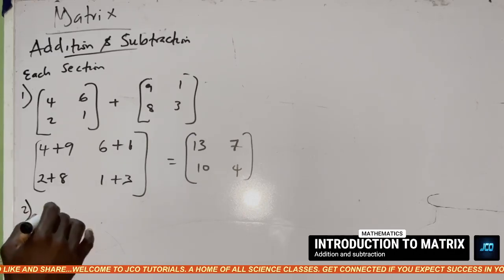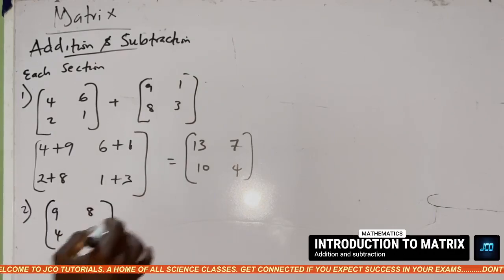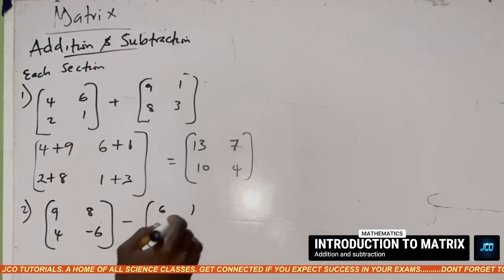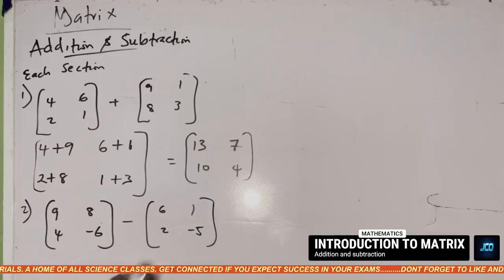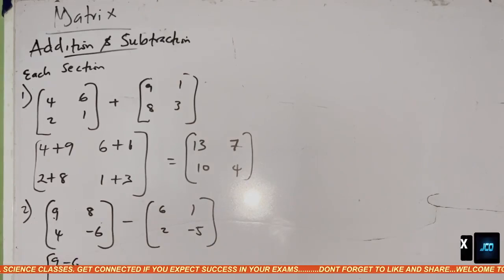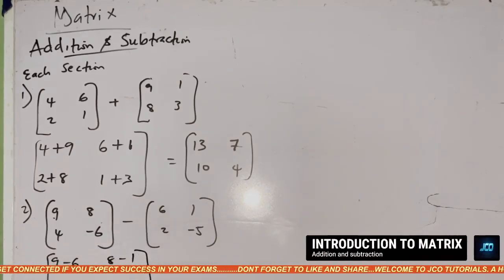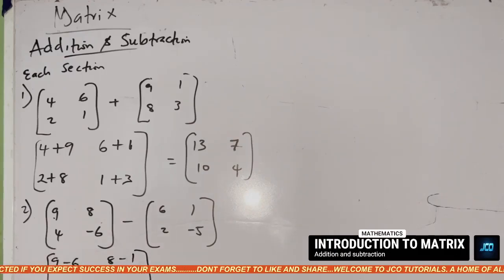If I have 9, 8, 4, minus 6, minus 6, 1, 2, minus 5. So it's going to be 9 minus 6, first section, then 8 minus 1, then 4 minus 2, then minus 6 minus 5.